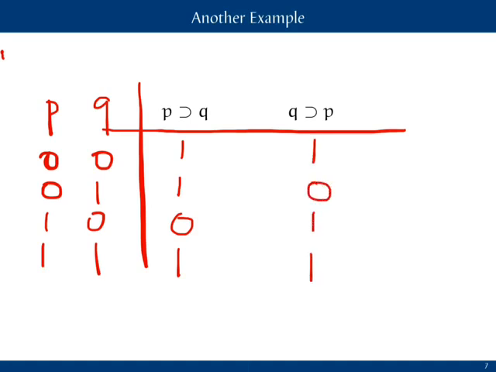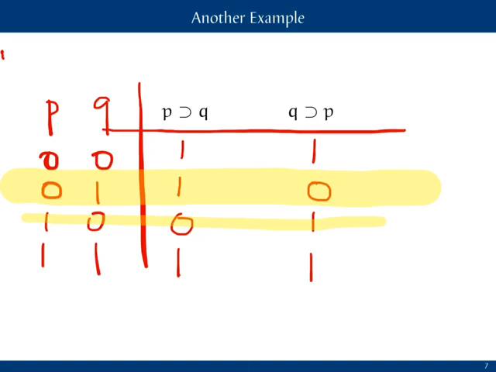And here we get an example of two formulas that are not equivalent. So I'll get my highlighter, and we will see that this row is one where P implies Q is true and Q implies P is false, and that will be enough to show that they're not equivalent. But this row is one where Q implies P is true and P implies Q isn't.